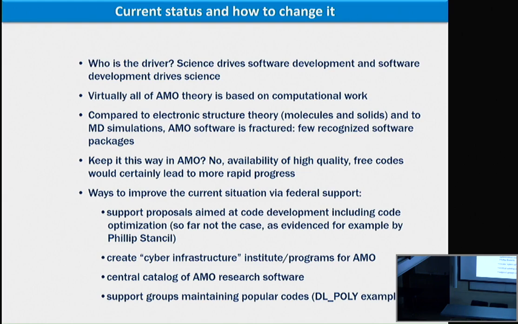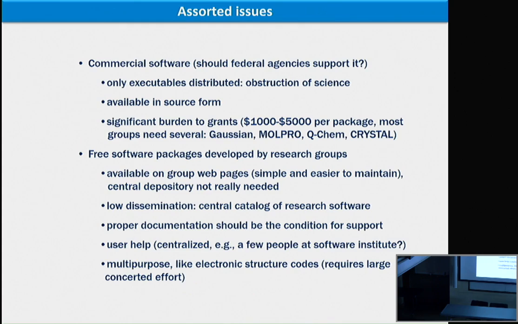Well, first, in AMO, we have to create such codes, but once they are created, they should be supported in such a way. There's one issue which was not particularly discussed, but I wanted to mention it because it bothers me. Should federal agencies support commercial software?